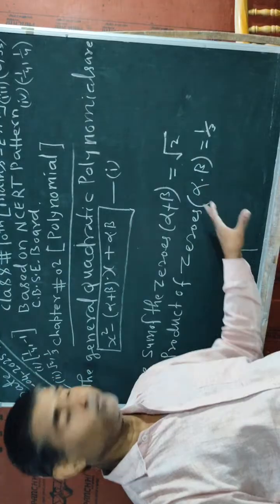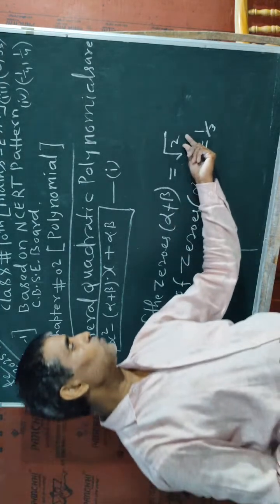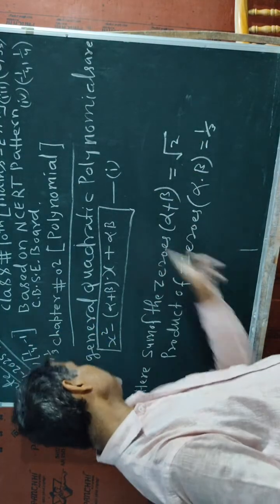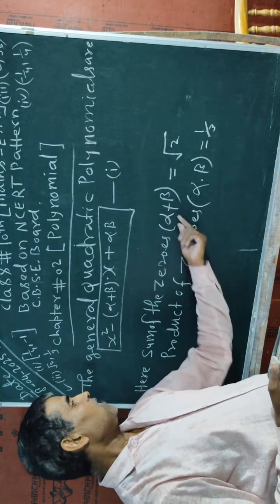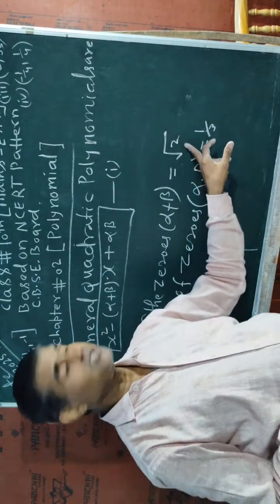You have to eliminate the chance of error here, because each and every data you are writing here, root 2. What is the meaning of root 2? Root 2 is given in my question as the sum of the zeros, that is alpha and beta.